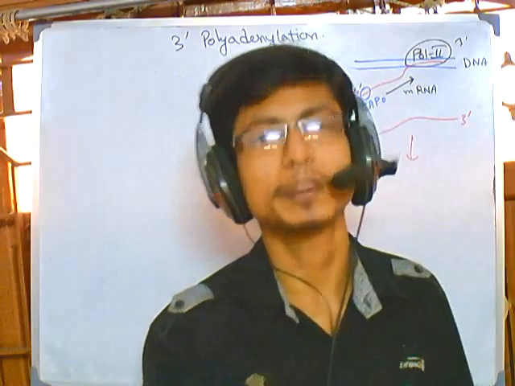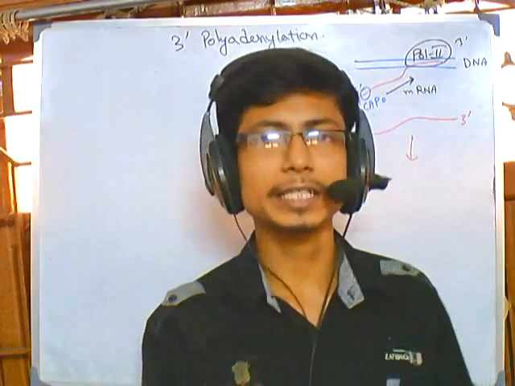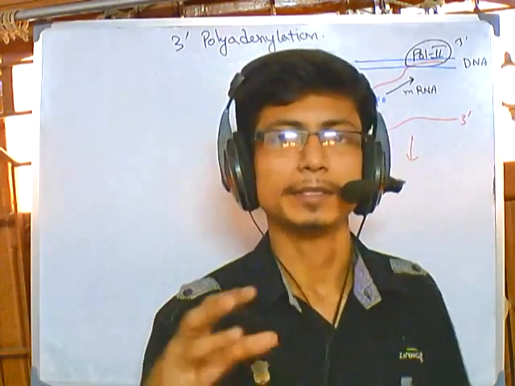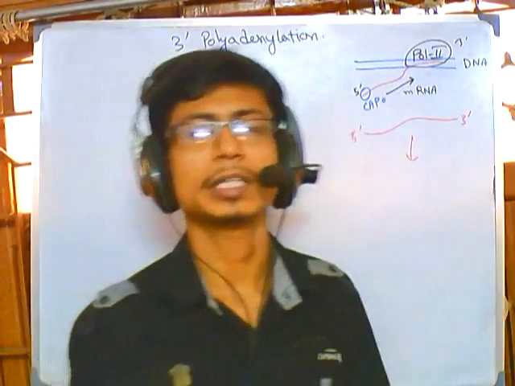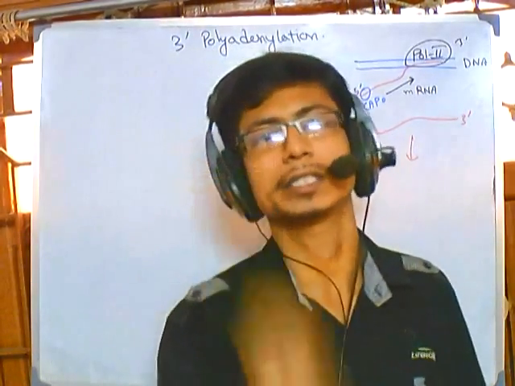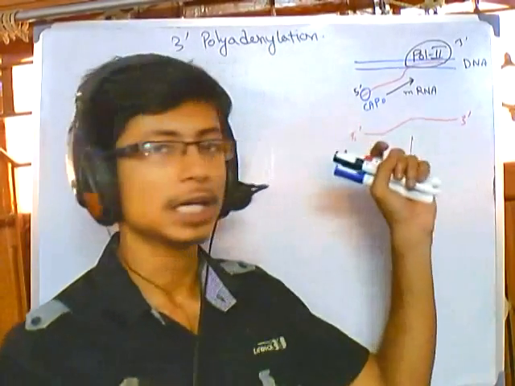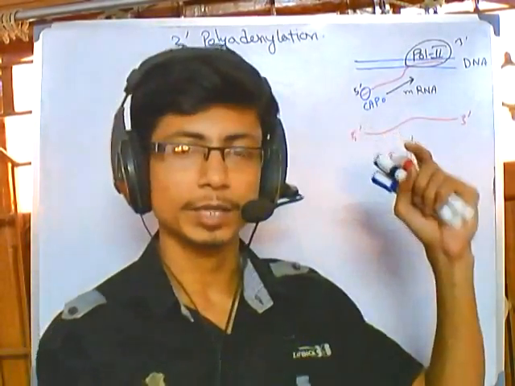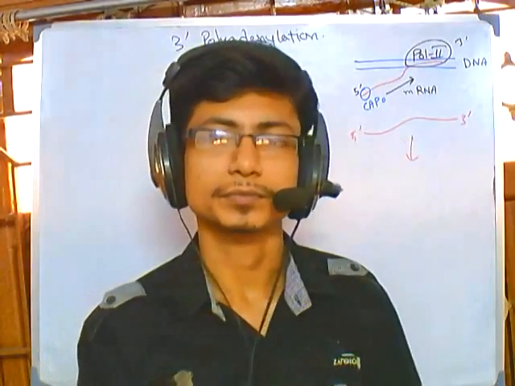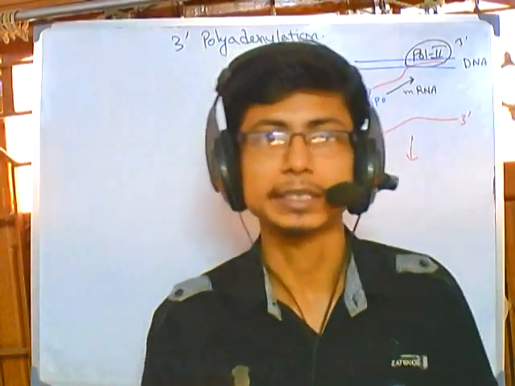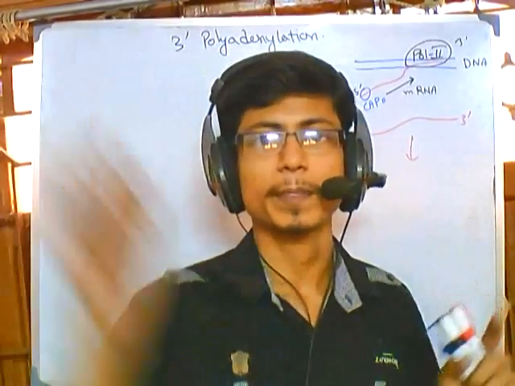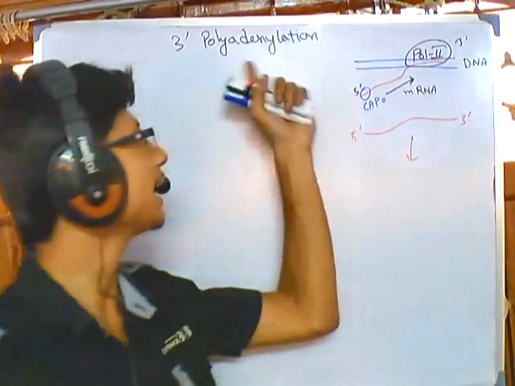We need endonucleases, RNA binding proteins, and some specificity factors that are associated with this mRNA, which can help to modify it. And also we need a polymerase, which can add adenine, because it is polyadenylation.